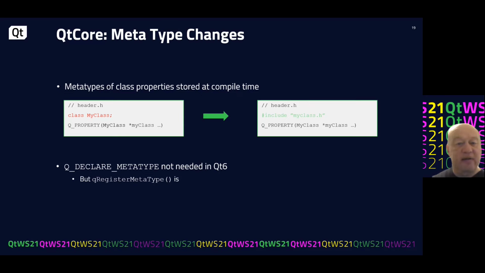And also you don't necessarily need to declare meta type anymore in Qt6. So in your new code, you don't have to write this anymore, although you still need to register meta type. But you don't have to go ripping out these declarations from your code. It's still there, but you don't need to explicitly write it.